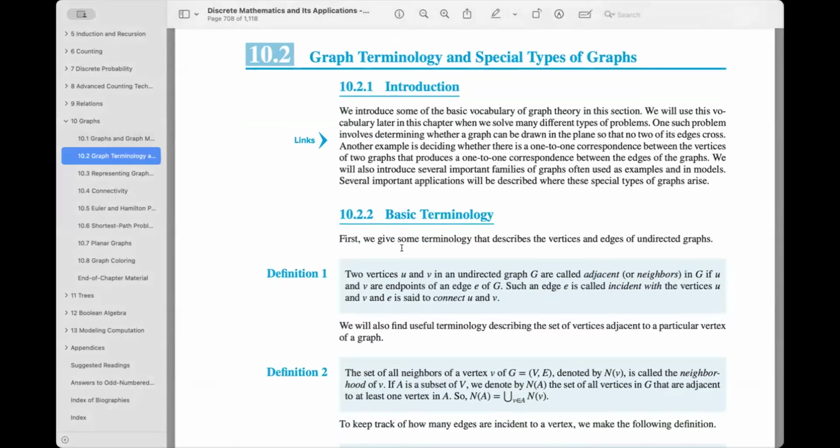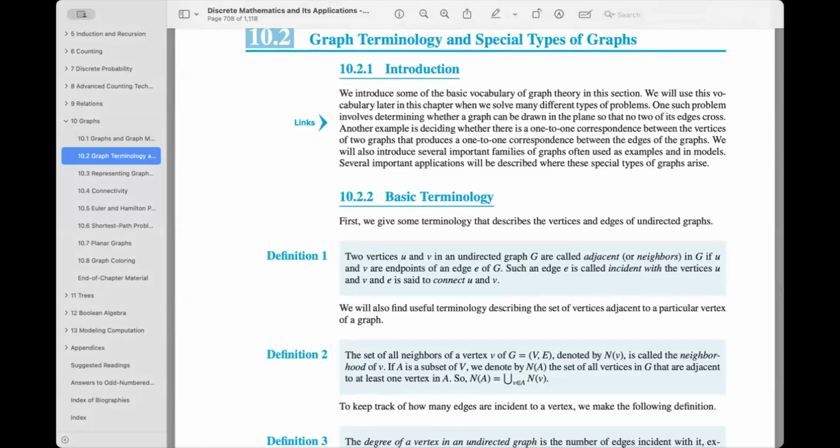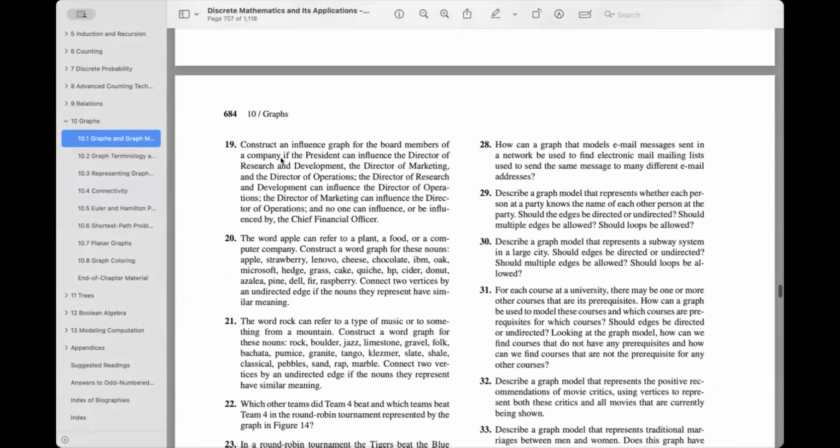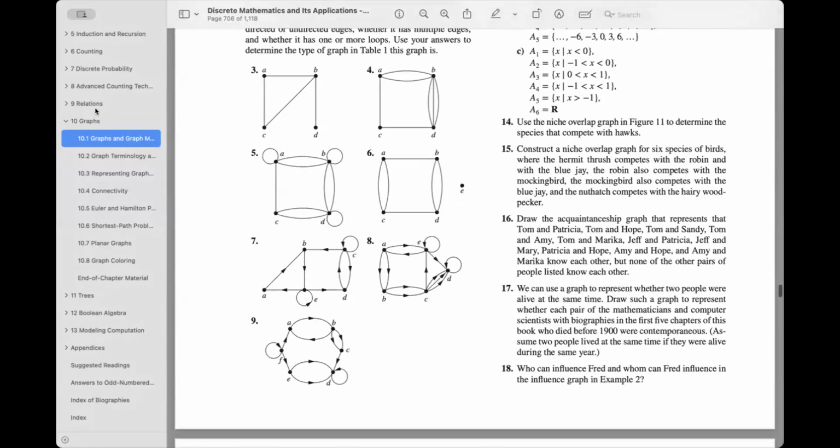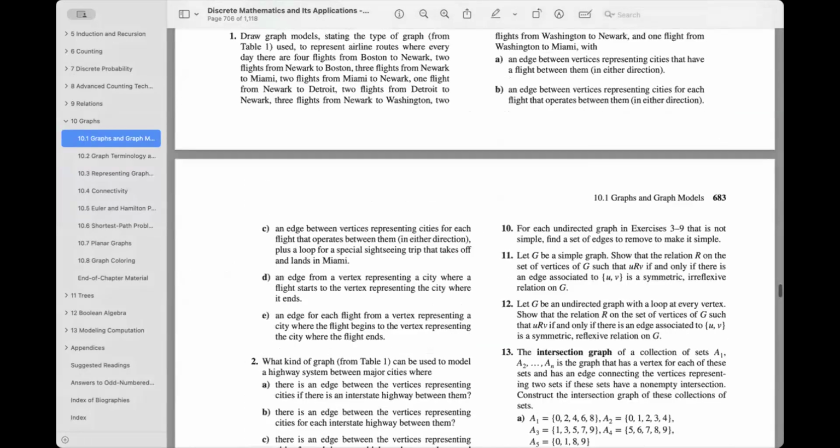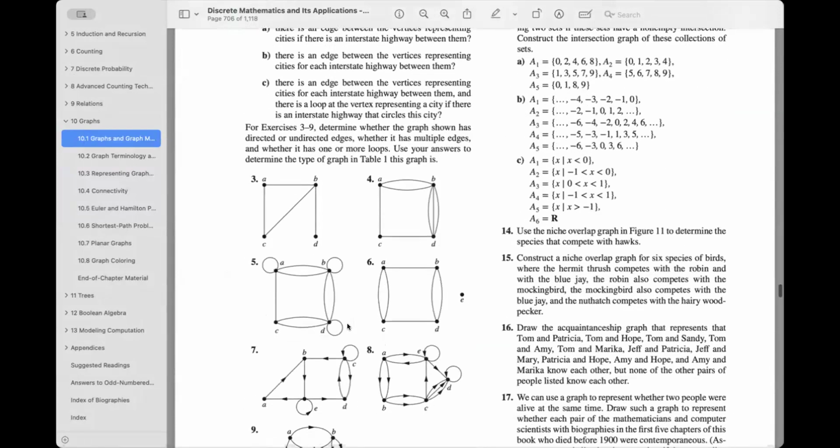Okay, so 10.2. Sorry, but didn't you say for a multigraph for directed, the edges have to be from the same direction? Yes. But there's like, for let's see, for directed graphs, you're only allowed to have a loop in multigraphs.